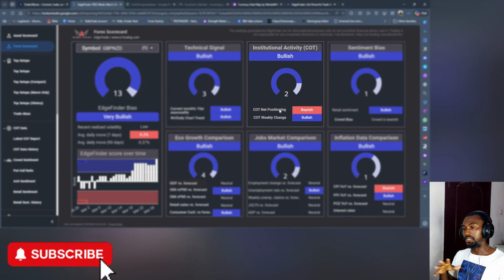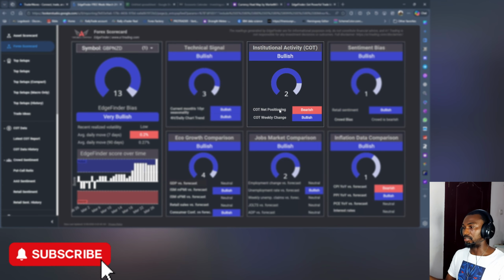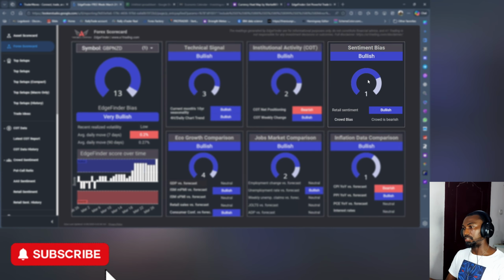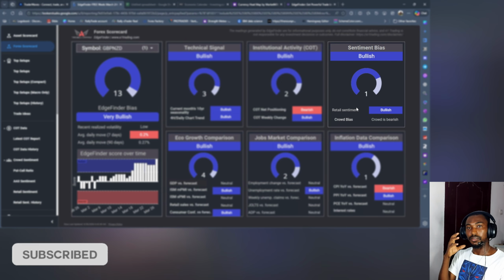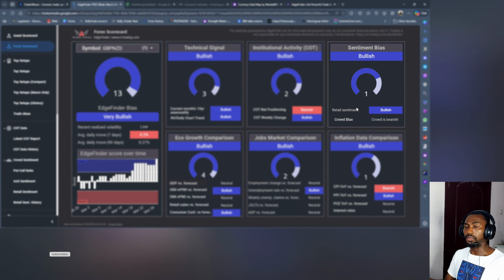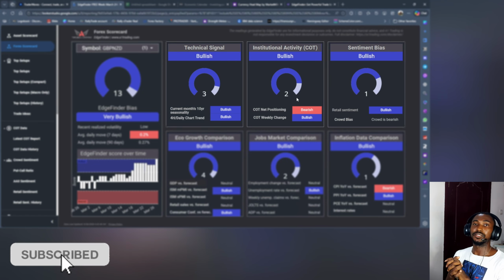However, in recent weeks, they are now buying more into the pounds than they are into the New Zealand dollar. You can also see the sentiment is bullish because the retail traders are looking to short the pair. So it's going against the retail traders, right? It's bullish. These three alone have told you there's every tendency this market is literally going up.